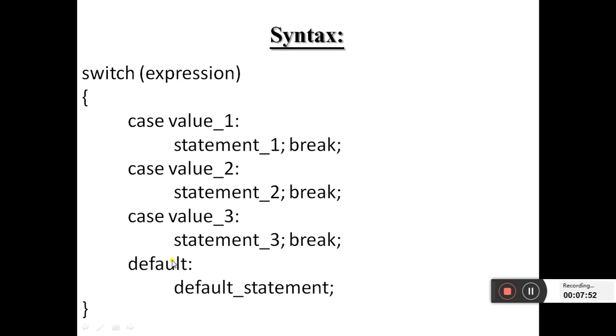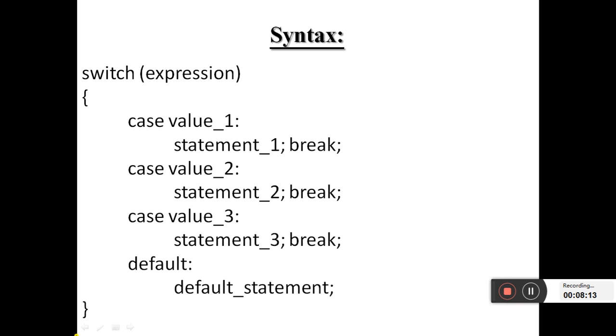Okay, if no match is found in case value 1, case value 2, case value 3, case value n, then it will come into default and the default statement will get executed and printed, and then it will come out of the switch case block.